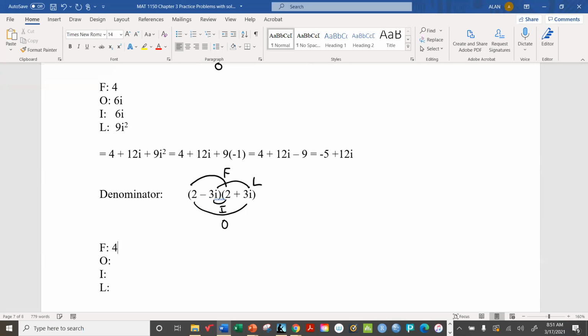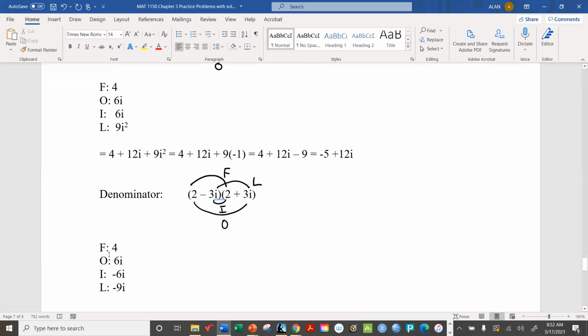All right, so F is 4, O is 6i, I is negative 6i, and L is minus 9i squared.